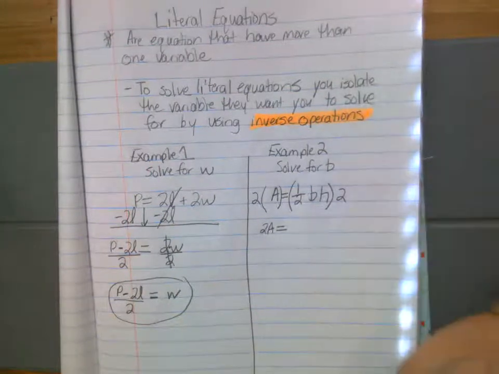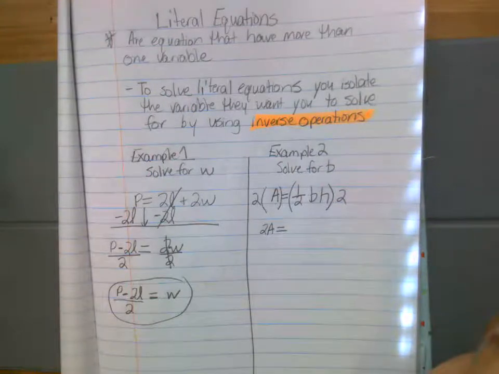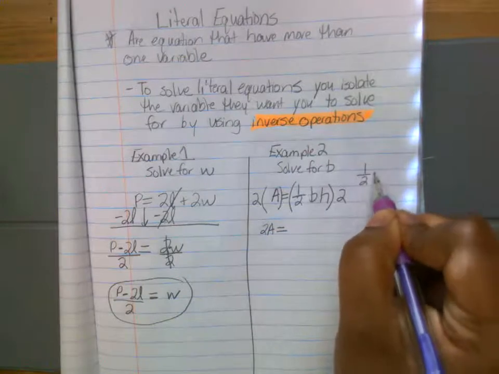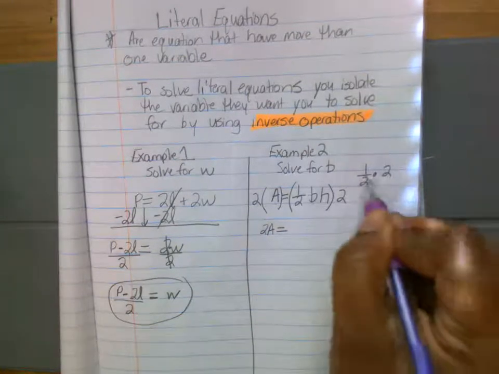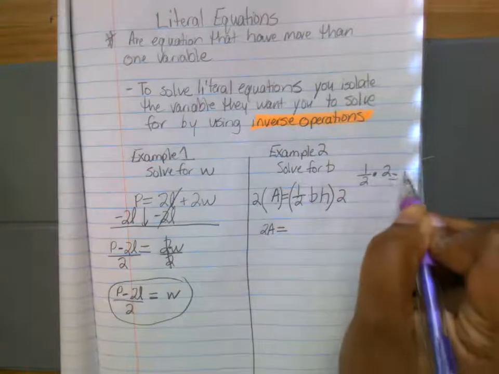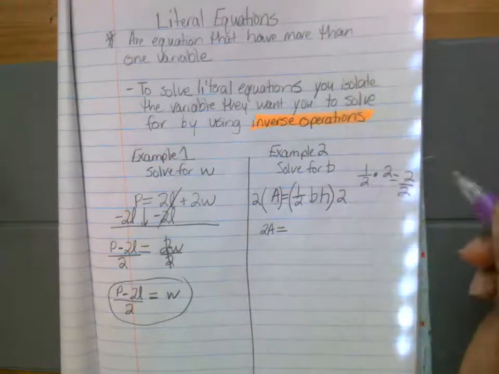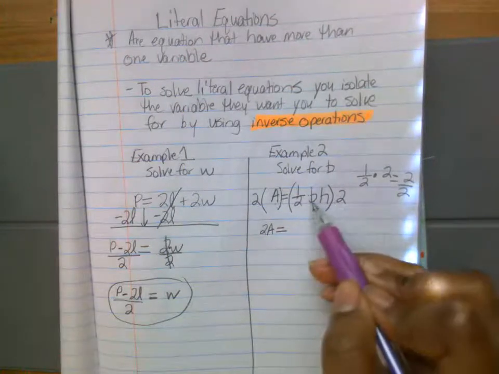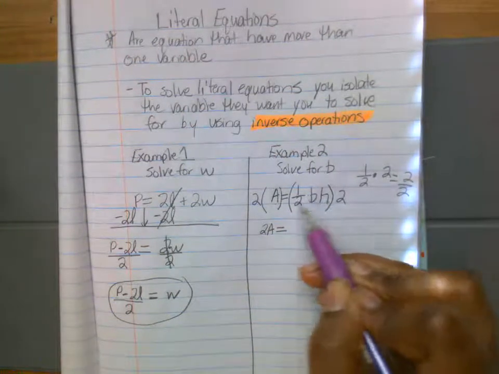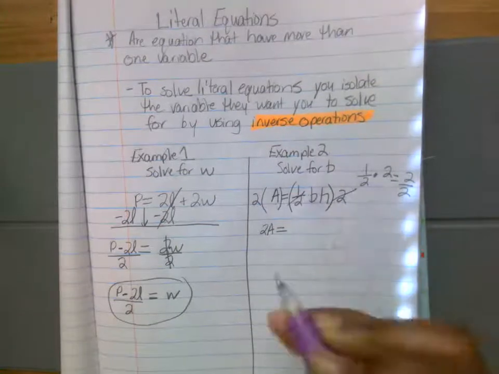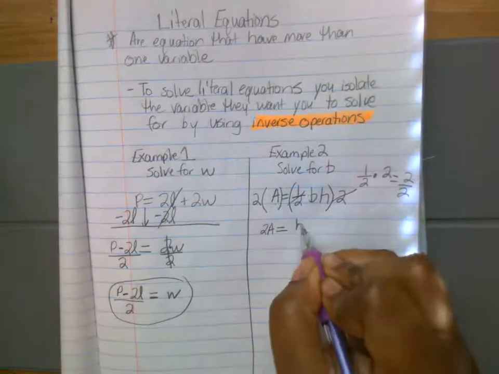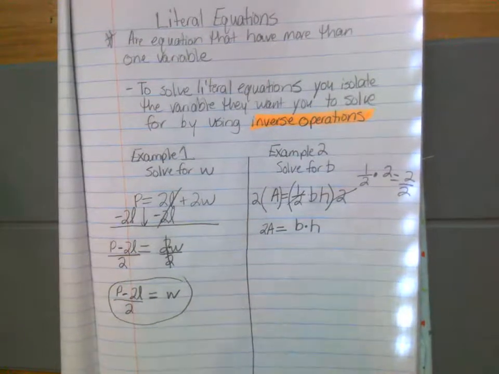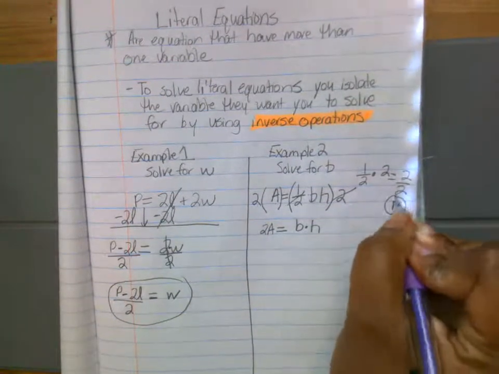This is 2A. 1/2, if I was to write this out to the side, 1/2 times 2 would give me 2 over 2, and 2 over 2, or 2 divided by 2, is 1. So 1 times BH is going to give me BH. And I need to put that this is 1 here.